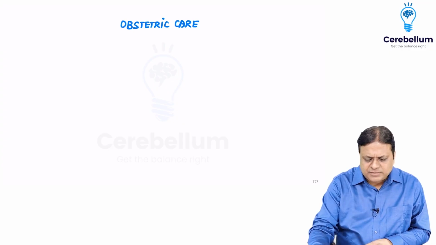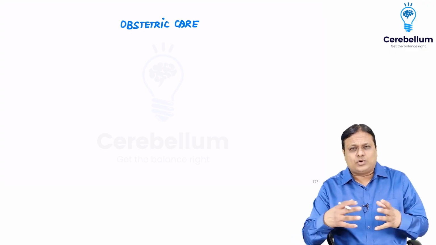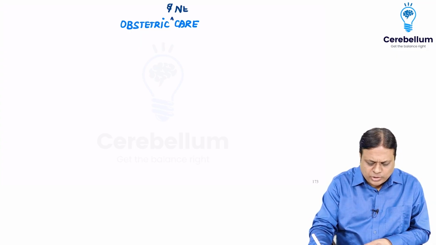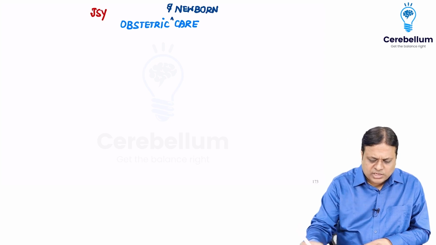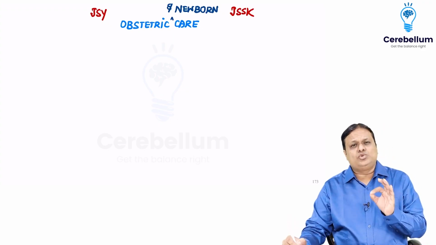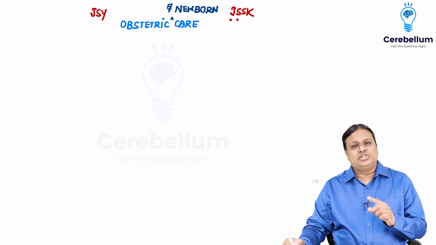But then we realized mother is not alone. Her health is intertwined with the newborn also. So we made it obstetric and newborn care in our country. So the older Janani Suraksha Yojana now became JSSK, Janani Shishu Suraksha Karyakram, having two components, Janani mother, Shishu newborn.